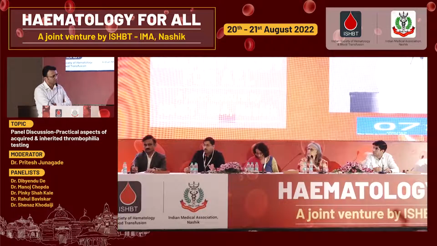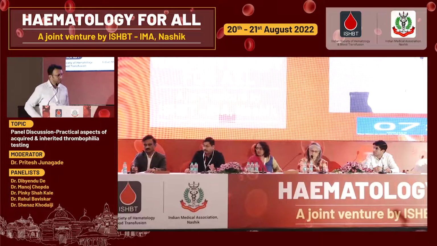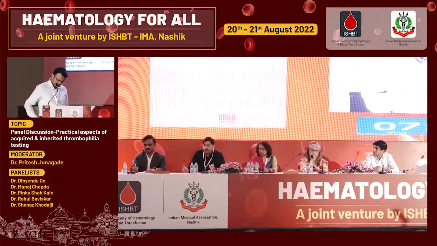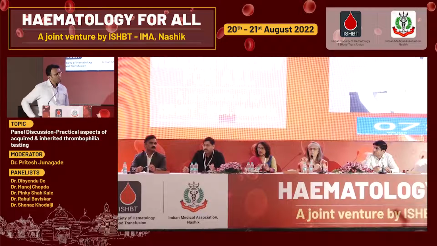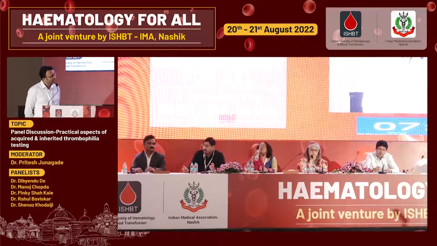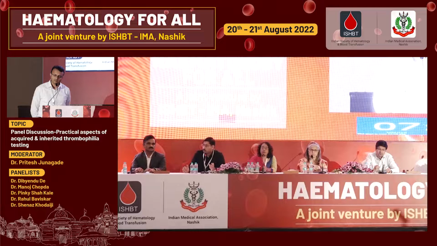Similarly, for other patients with inherited thrombophilia, if the test is positive for a high-risk thrombogenesis factor, that means homozygous factor V Leiden mutation, homozygous G20210A prothrombin gene mutation, or protein C deficiency, which is significant, meaning more than 50% loss, then this patient should go for anticoagulation lifelong, because the chance of recurrence of thrombosis is very high.